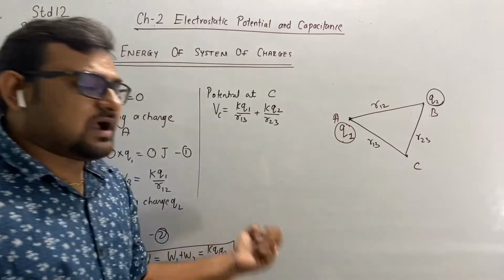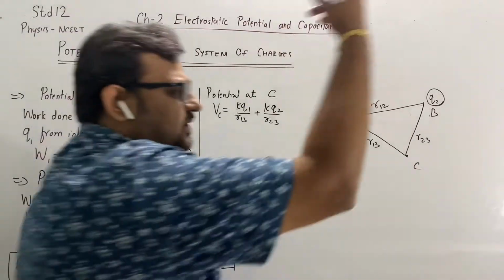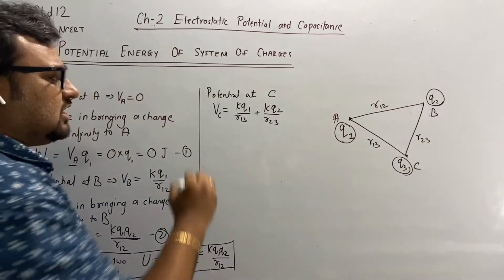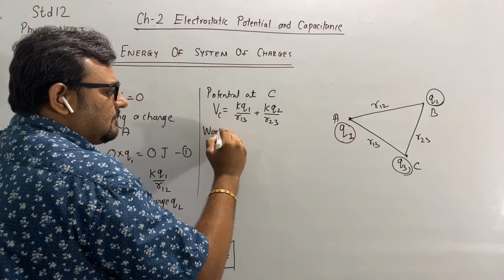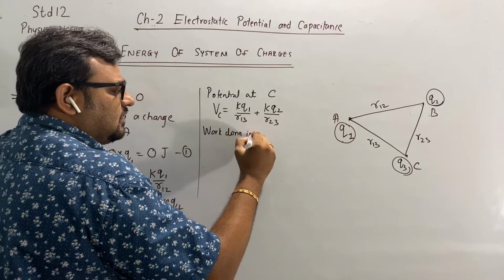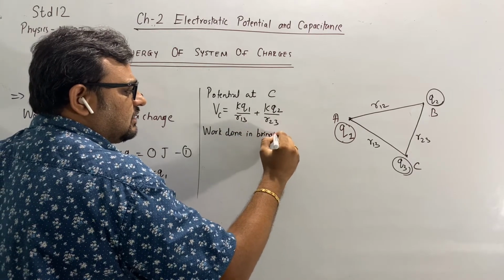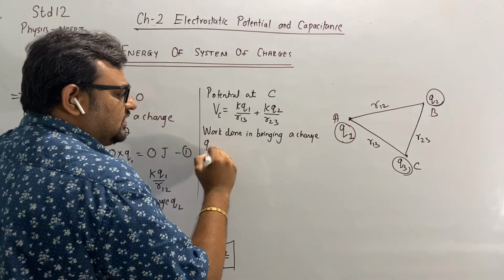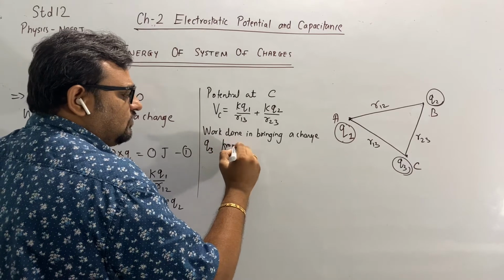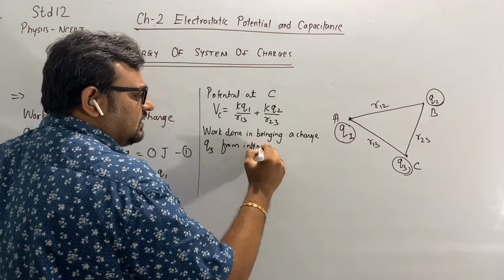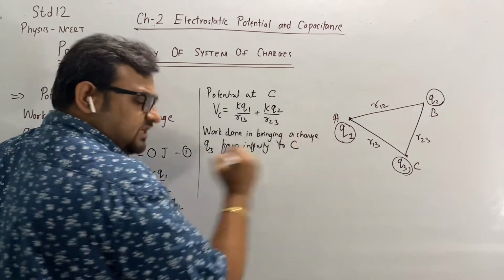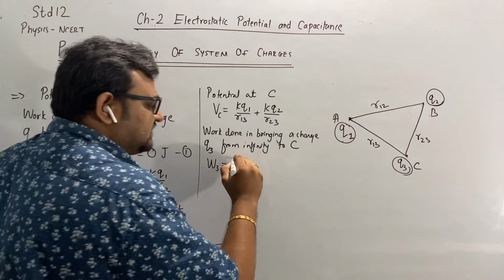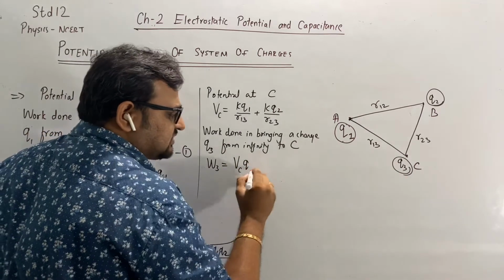Now I am bringing a charge Q3 from infinity to point C. So the work done in bringing charge Q3 from infinity to C, W3, will again be V times Q, that means VC into charge Q3.